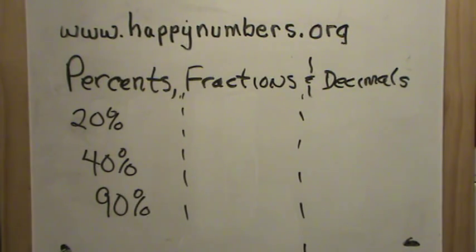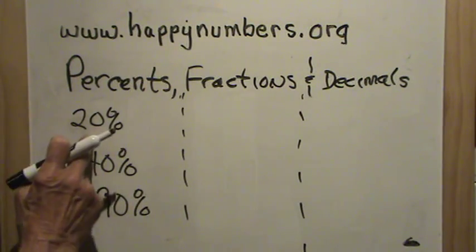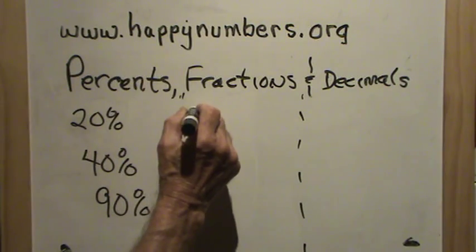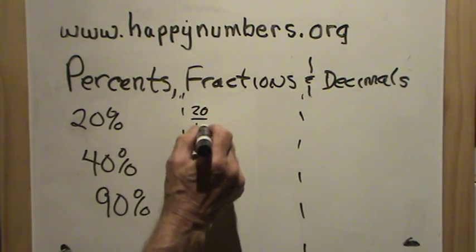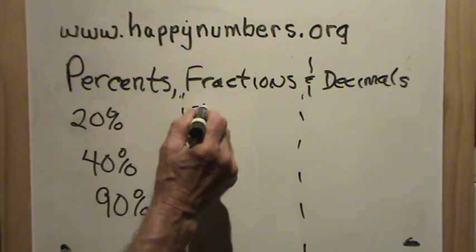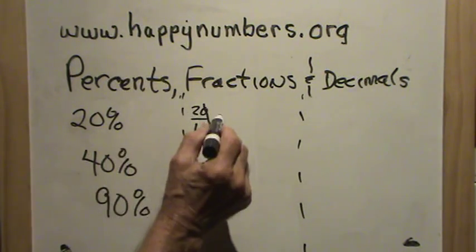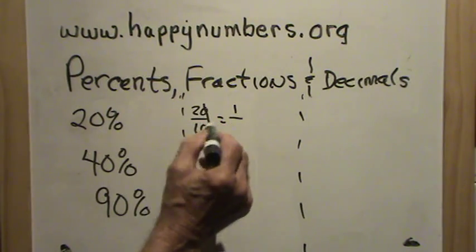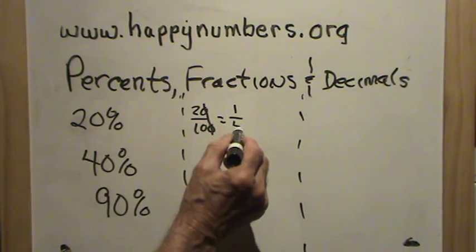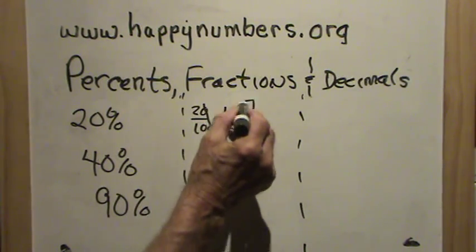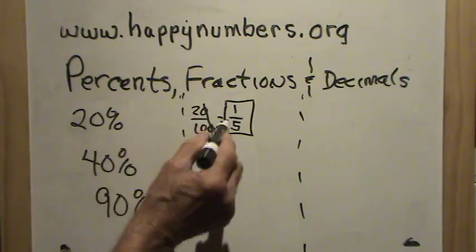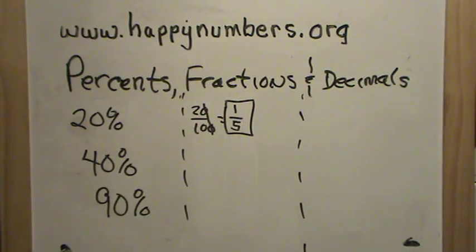Okay, let's see how you did. Well, 20% in fraction form is 20 over 100. I can cross out the zeros and then reduce this. 2 goes into 2 1 time. 2 goes into 10 5 times. So 20% of something is 1/5.